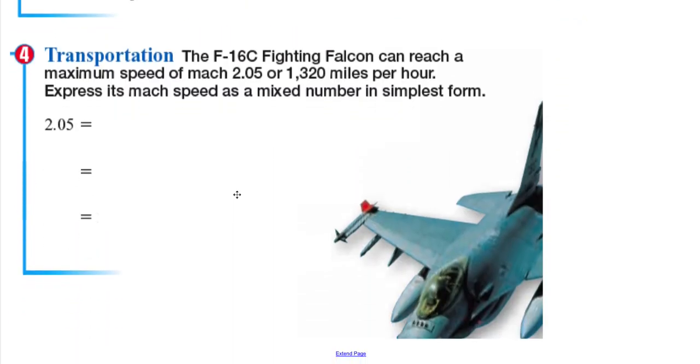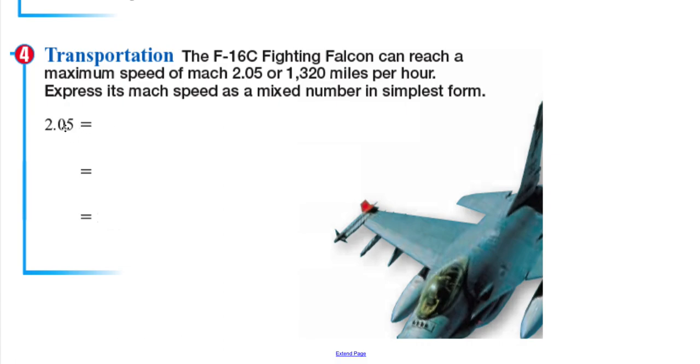Last example, example number 4. The F-16 Fighting Falcon can reach a maximum speed of Mach 2.05 or 1,320 miles per hour. Express its Mach speed as a mixed number in simplest form. So we want to express this as a mixed number in simplest form.